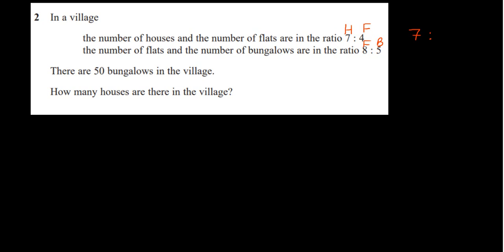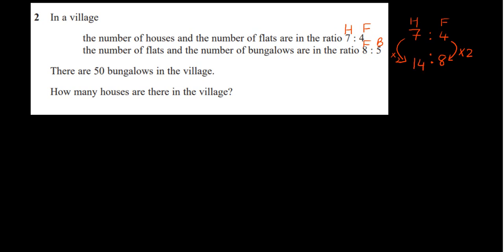I can get the flats to become 8 in the first ratio just by multiplying it by 2. So the flats would be 8 parts, and the houses I would also multiply by 2, so that would be 14 parts.